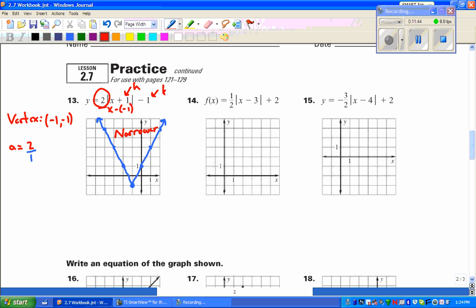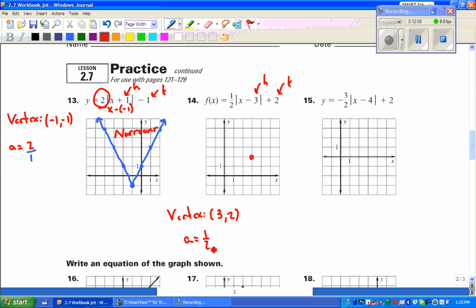So let's go ahead and try this one. For number 2, you got your vertex. What is your vertex for this one? Well, you got your h and you got your k. We got 3 and we got 2. 3, 2. This number 1/2 right here, that's your a value.